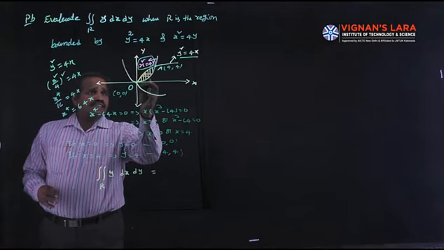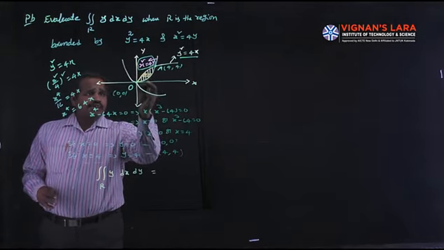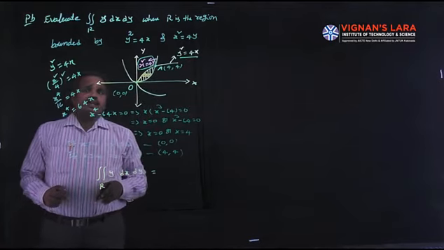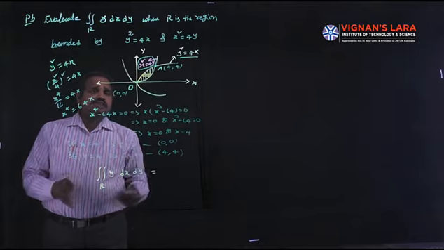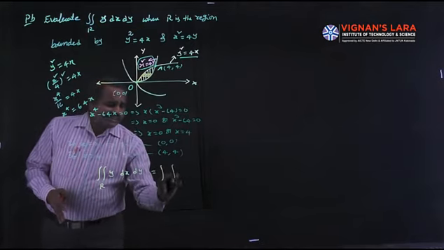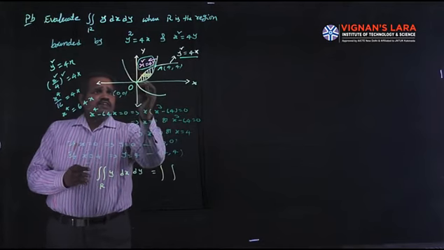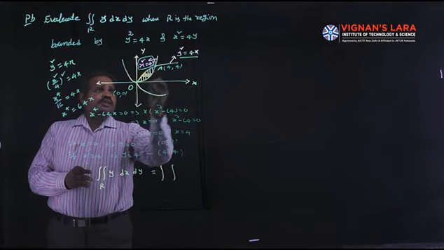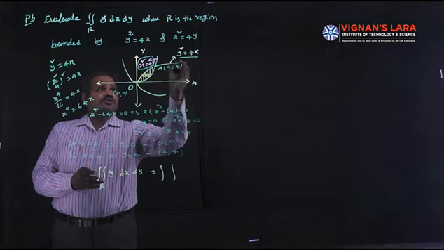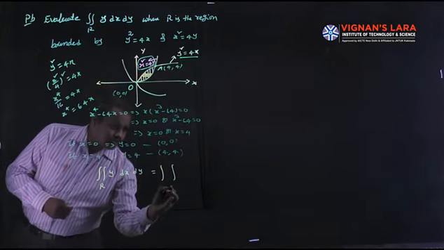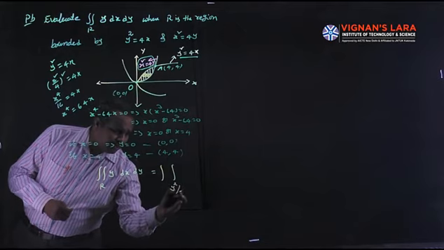That means x varies in terms of y. I want x in terms of y. If you are moving in this side, the first curve is this one. What is this curve? Y square is equal to 4x. From this, what is the value of x? Y square by 4. This becomes the lower limit.